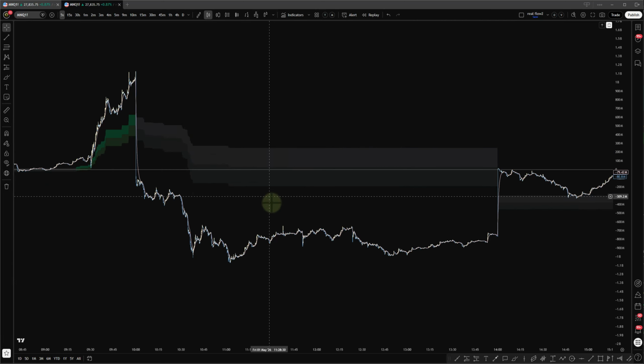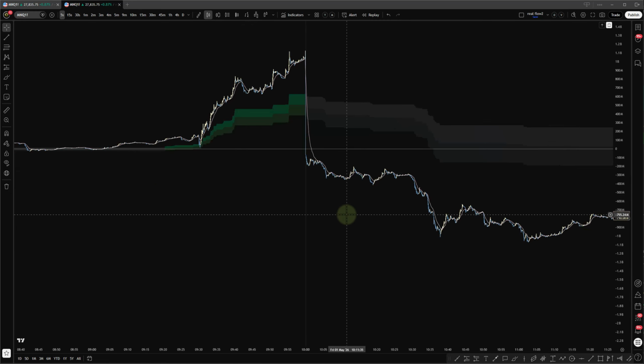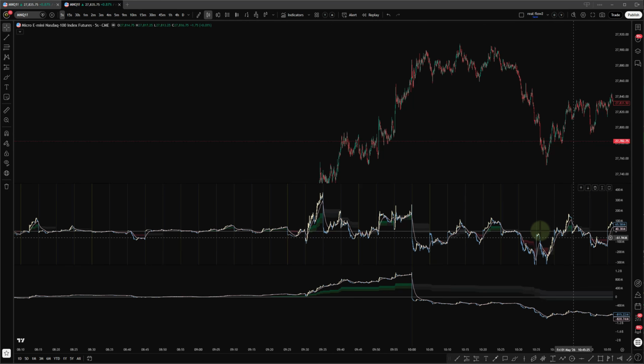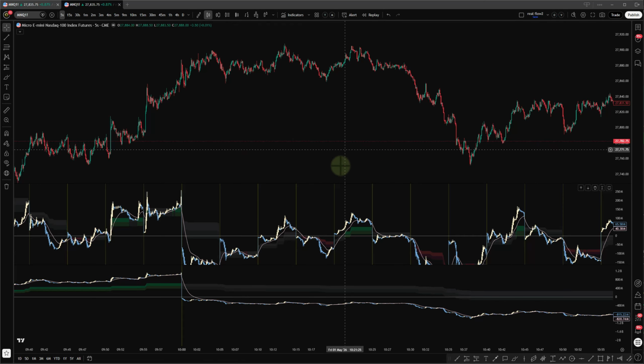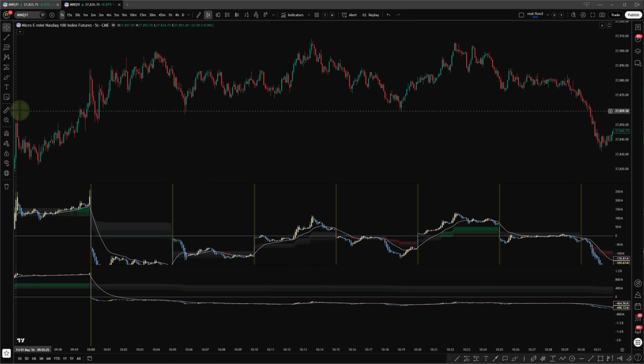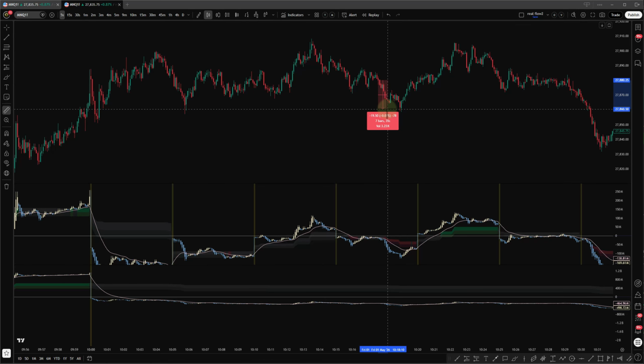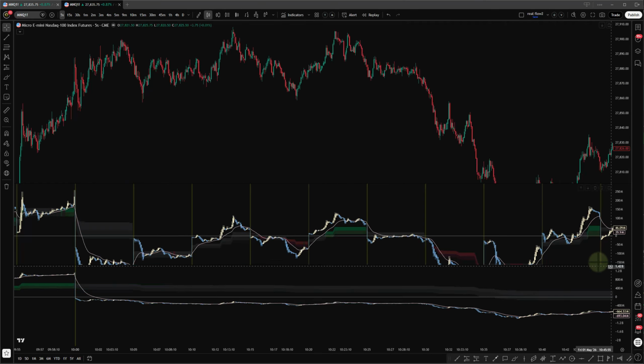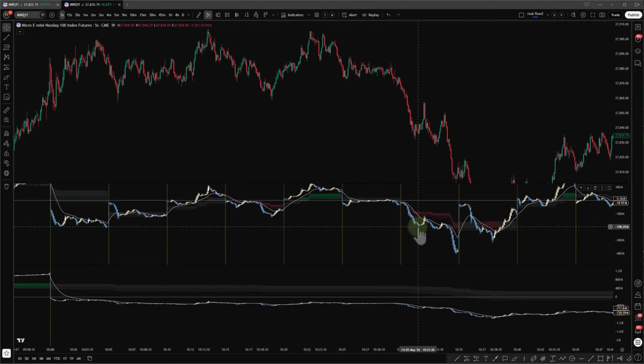Now this starts to break down over here, so that's possibly a setup. On the lower time frame, we finally get a breakdown right here at 10:17. Is it worthy of a scalp? It doesn't align with everything, but it would kind of be worth the risk maybe, and you don't get quite the 100 ticks that we like to go for, but you do on the 10:30 breakdown.